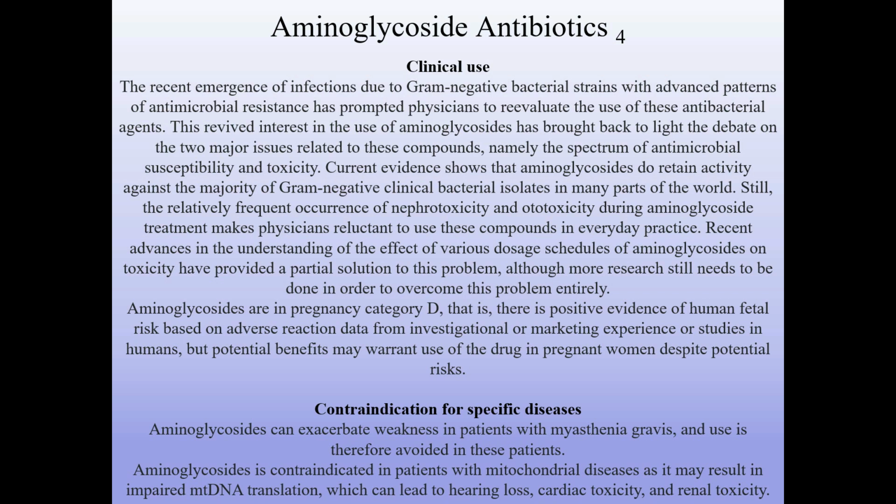Contraindication for specific diseases. Aminoglycosides can exacerbate weakness in patients with myasthenia gravis, and use is therefore avoided in these patients. Aminoglycosides are contraindicated in patients with mitochondrial diseases, as it may result in impaired mtDNA translation, which can lead to hearing loss, cardiac toxicity, and renal toxicity.